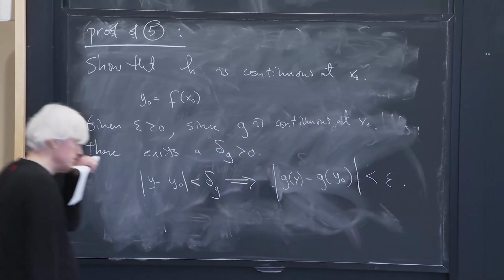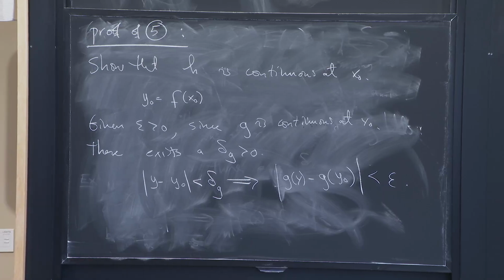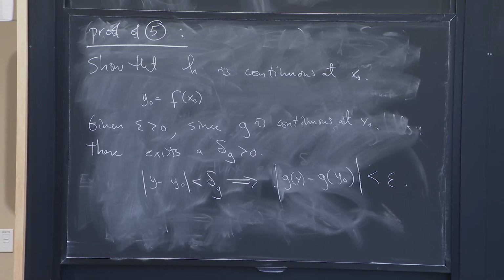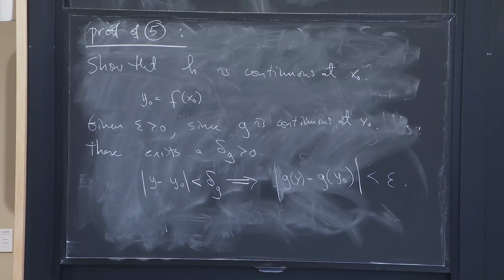Okay? So this is just because G is continuous, and I'm using that it's continuous at y0.